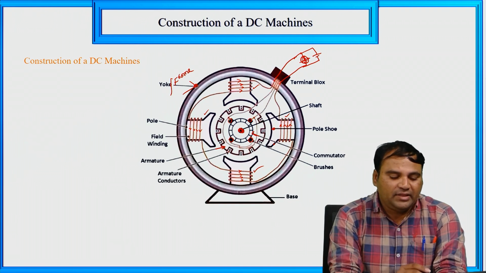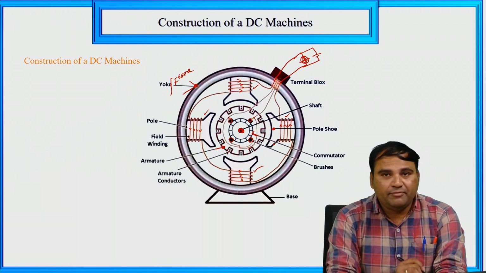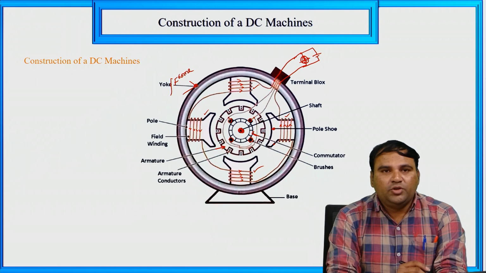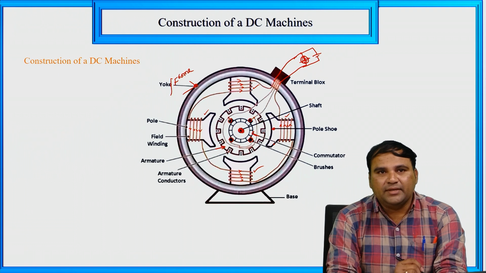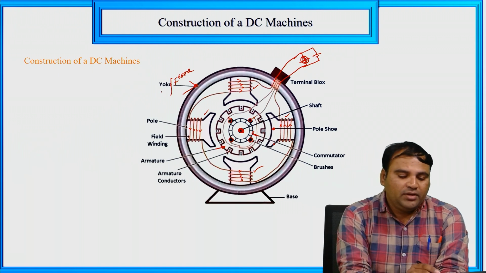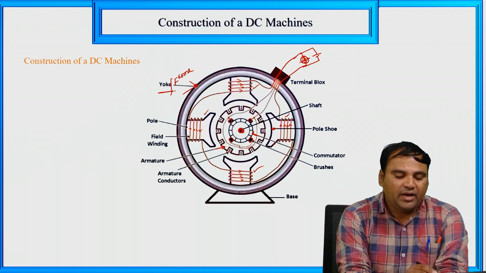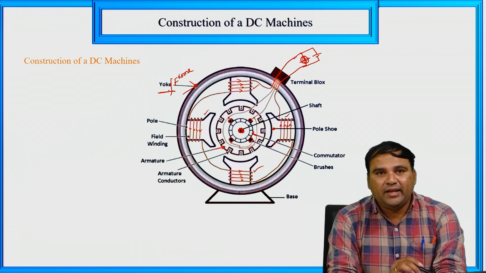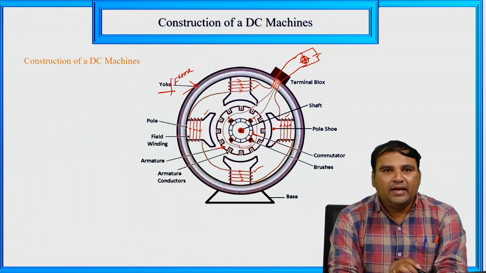We have the first part, yoke or frame. The yoke gives the mechanical support to the entire machine, and it is made of cast iron.